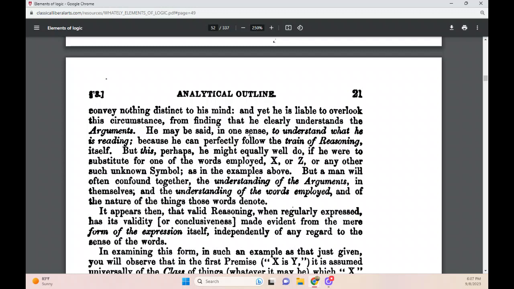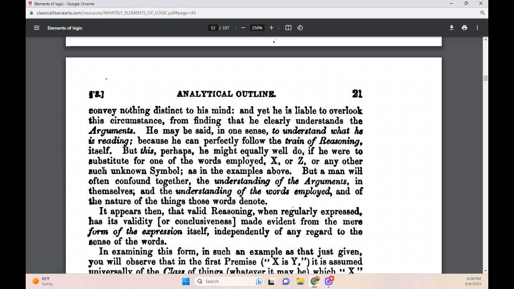He may be said, in one sense, to understand what he is reading, because he can perfectly follow the train of reasoning itself. But this perhaps he might equally well do if he were to substitute for one of the words employed, x or z, or any other such unknown symbol, as in the examples above.